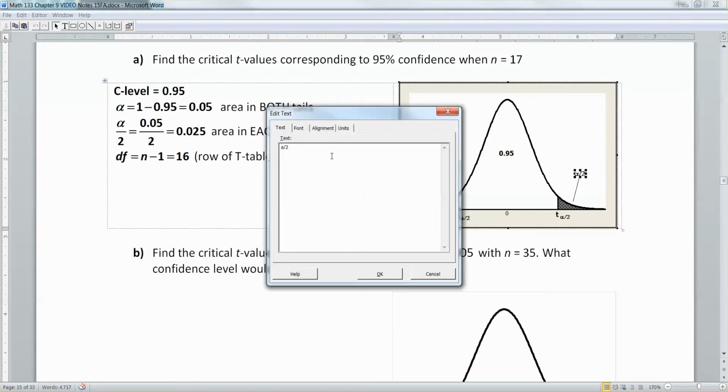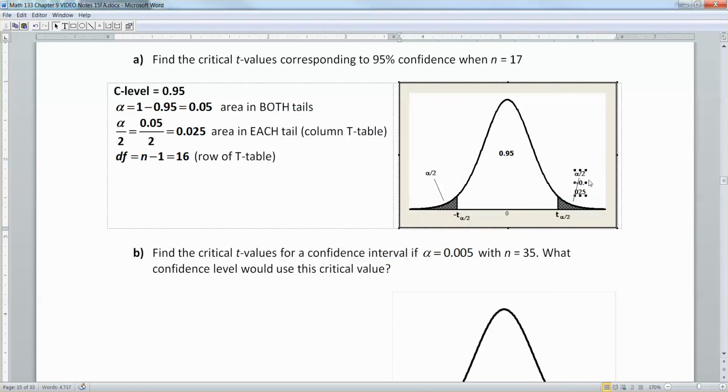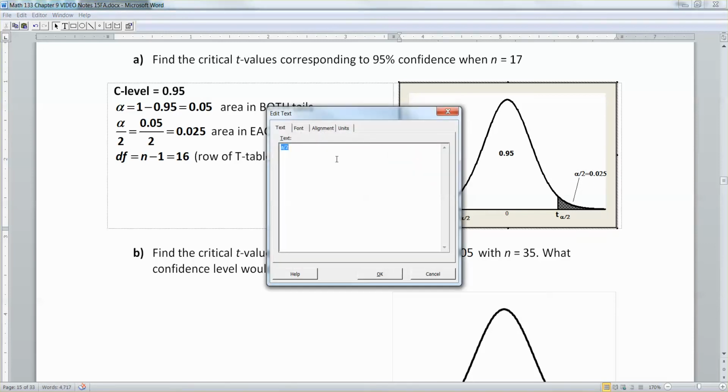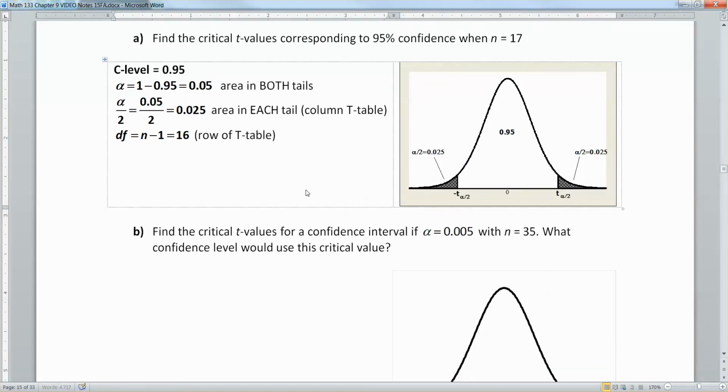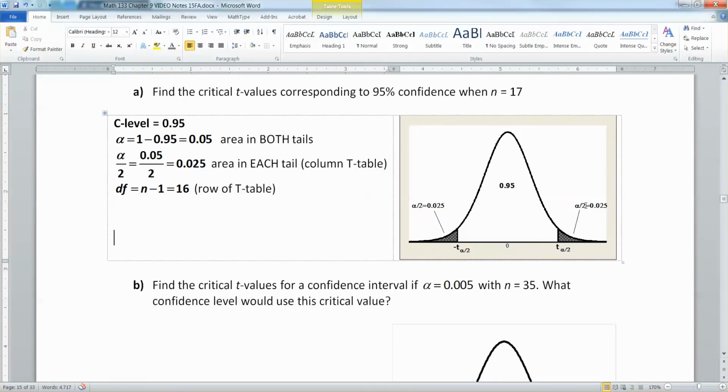As with most problems, you have to label the whole curve. So this is 0.025 over here, and that means this other side is also 0.025. Each of those tails is 0.025.